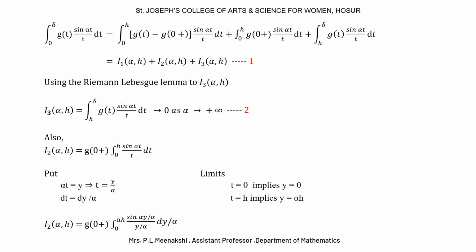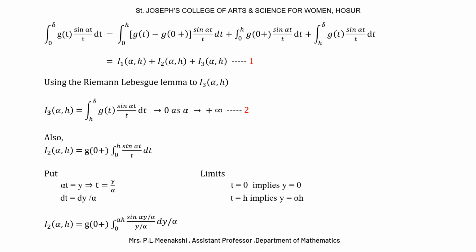Using the Riemann-Lebesgue lemma, we know that the limit as α tends to infinity of the integral of f(t) sin(αt + β) dt is 0. So applying this lemma, this integral value tends to 0.